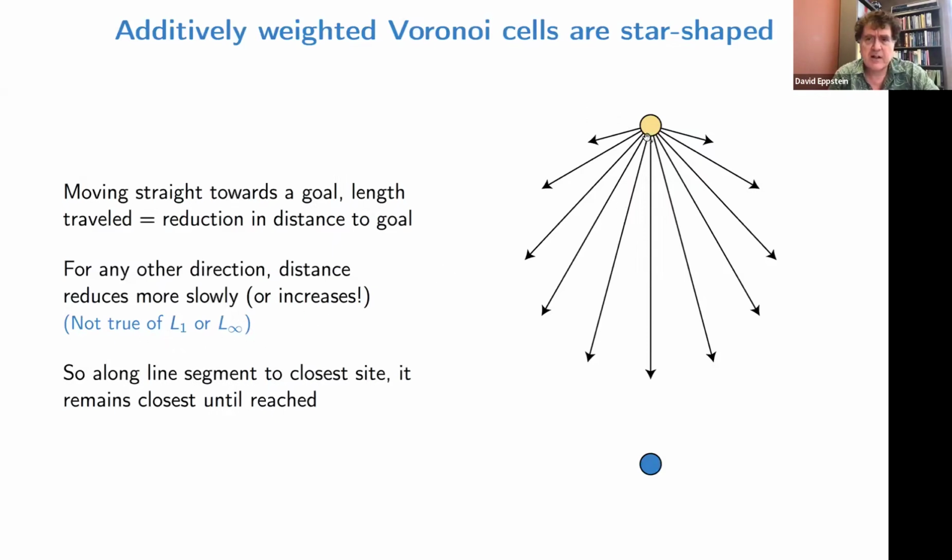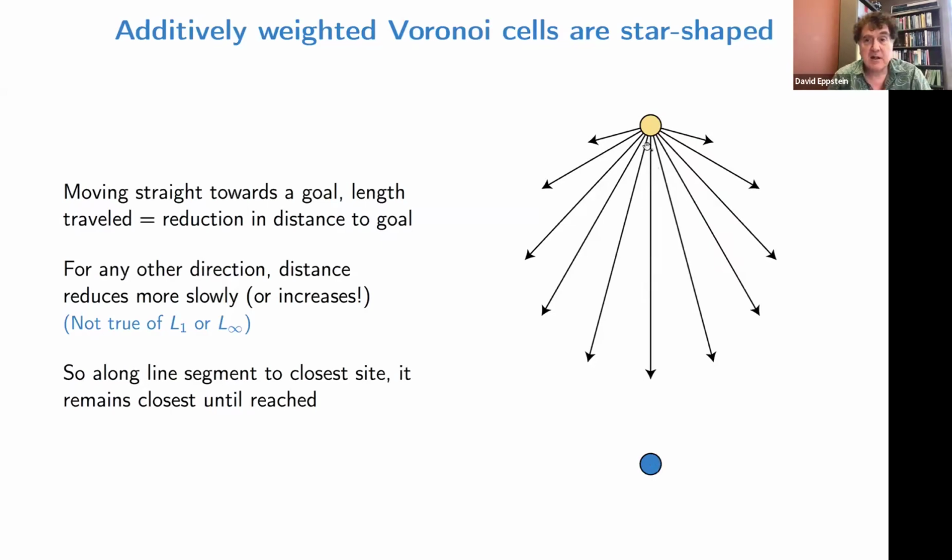In L1 or L infinity, there actually might be a continuous family of directions in which you can move and reduce the distance 1 to 1. But regardless, and this is actually still true of L1 or infinity, if you move in a straight line segment towards the closest site, it remains a closest site.